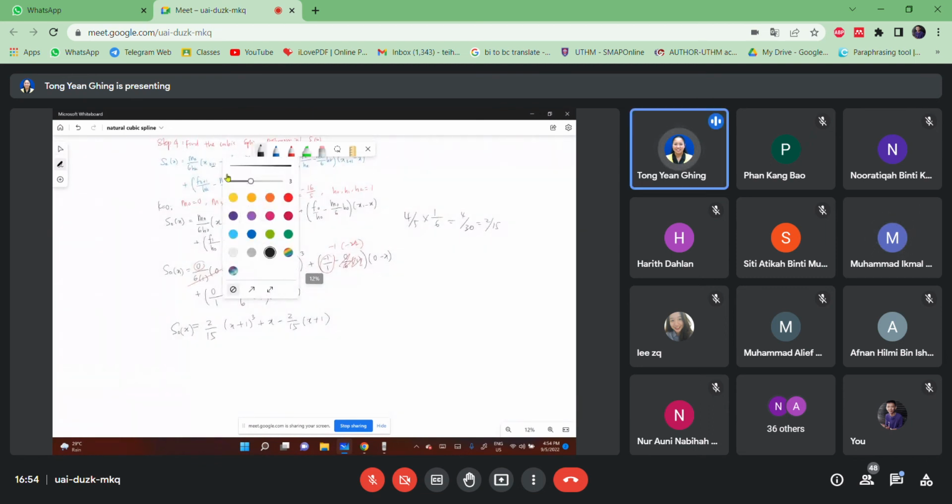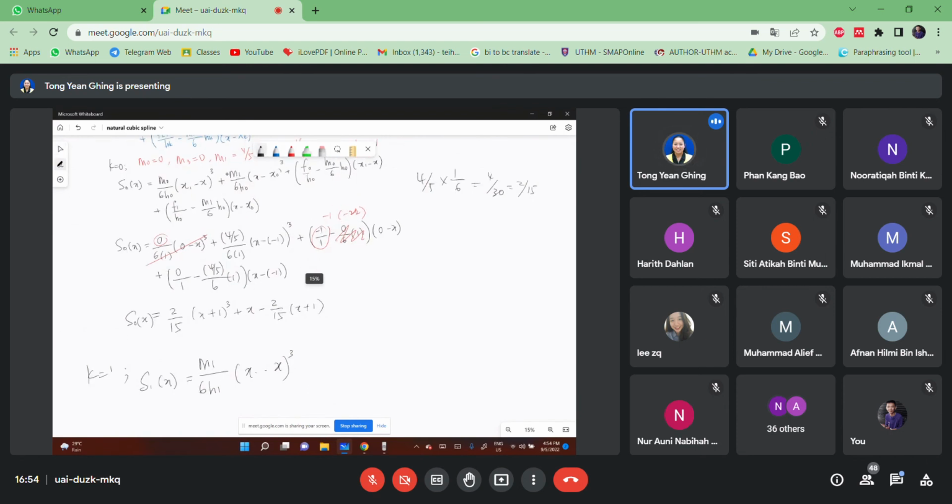Now I just continue with k equal to 1. So actually now it is S1 of x equal to, just this one, M1 over 6H1, x2 minus x, power of 3. Wait a moment, let me enlarge it a bit. x2.